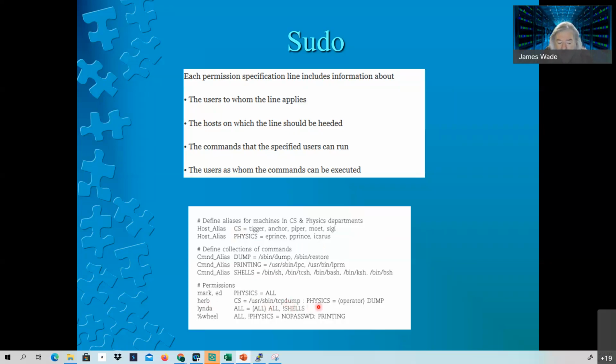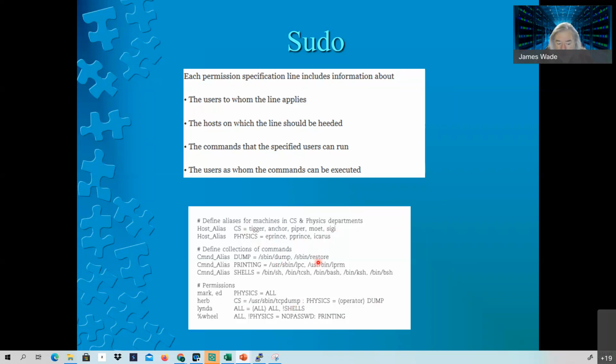And on the physics computers, he can just do the dump command. So there are only two commands that Herb can do. On the computer science department servers, Trigger, Anchor, Piper, Moet, Siggy, he can do tcpdump. And on the physics servers, ePrints, pPrints, and Icarus, he can do dump. Notice dump means he can do /sbin/dump and /sbin/restore.